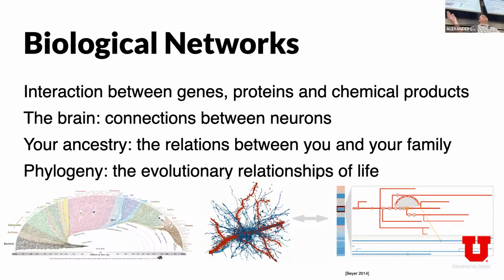You descend from some people, so your whole ancestry, your lineage, is a network that describes how you're related to people that lived long before you were born. And similarly, in a more extreme way, phylogeny: how are species related? That is the tree of life. How are we related to fungi versus plants, or to snakes, and so on? That is also captured in networks.